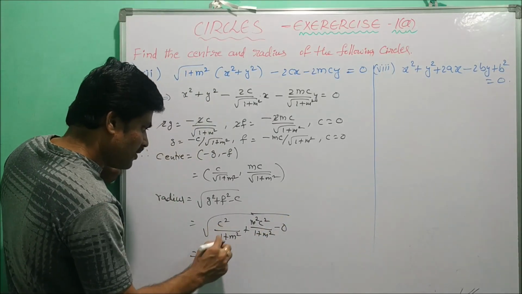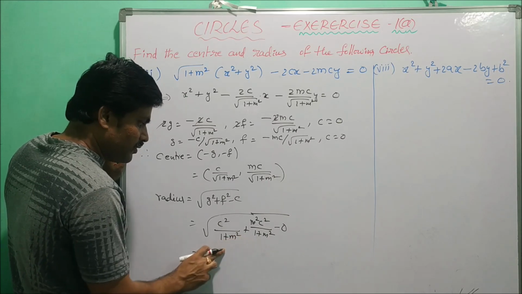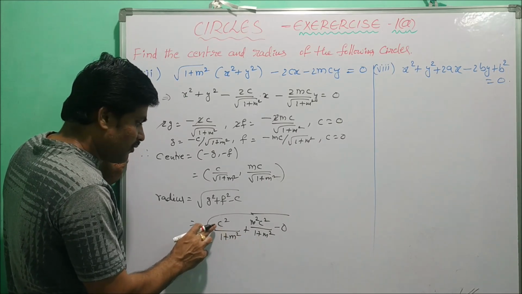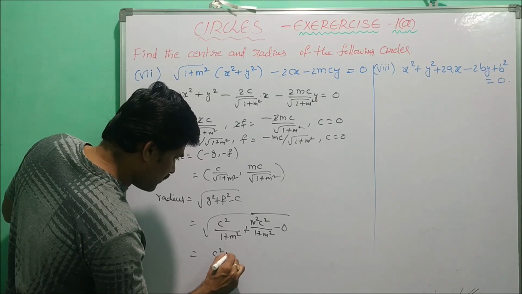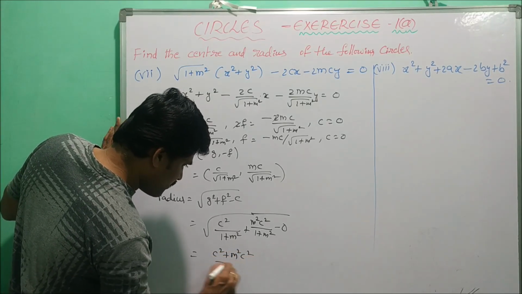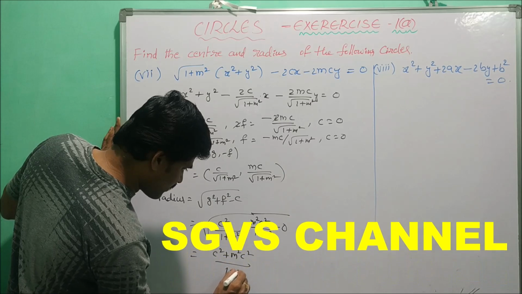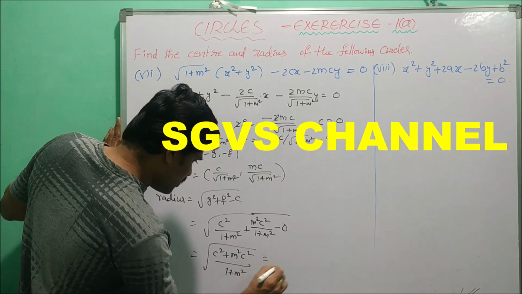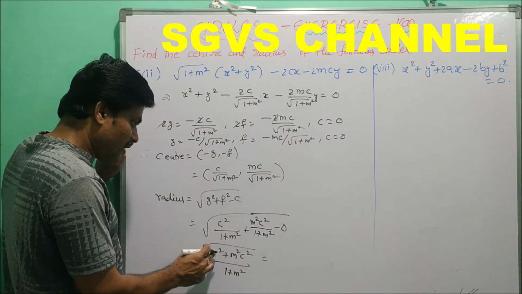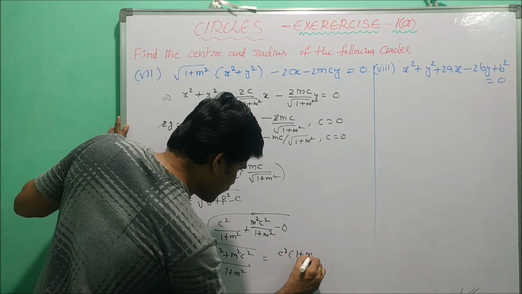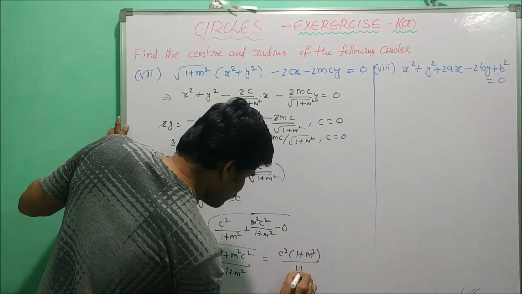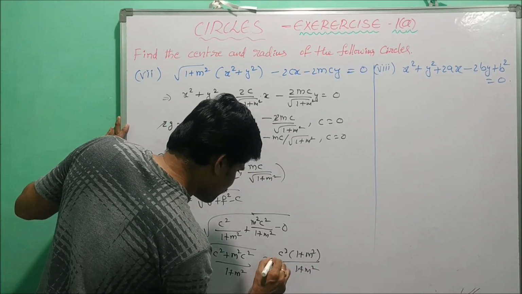Now in this we observe that denominators are equal. Now we add numerators. Now here we take c square plus m square c square by 1 plus m square, square root of. Now here we take common c square into 1 plus m square by 1 plus m square.